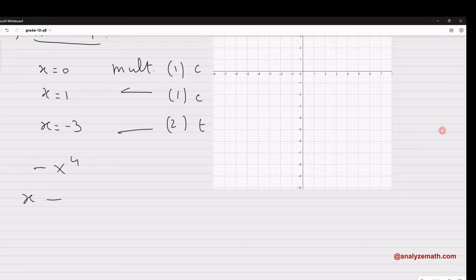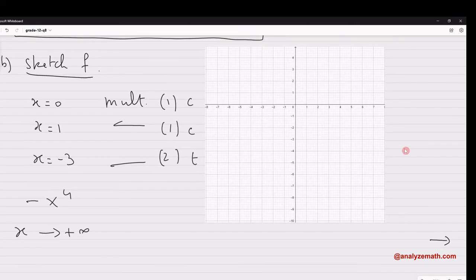Now, if x goes to plus infinity, so if x goes in this direction, that means if x takes positive values like 1000, 1 million, and so on, x to the power 4 will be positive, and then there is a negative sign here. So the y value will go negative.